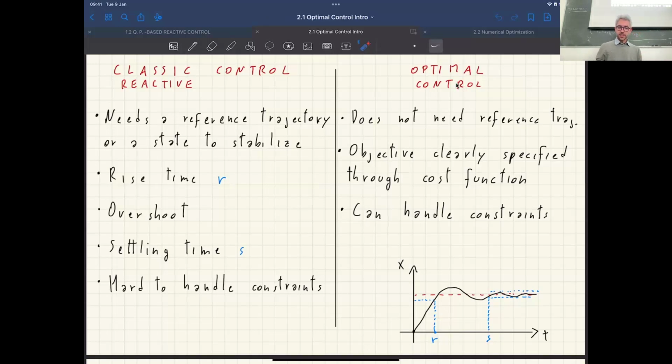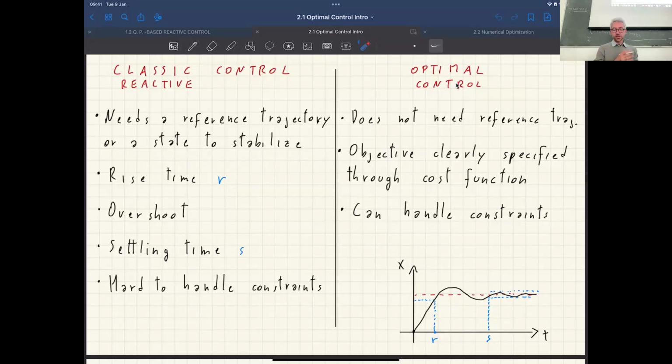So let's start by comparing optimal control with reactive control, which is what we have been discussing so far in this class. So in reactive control, we have seen that we need a reference trajectory to track, or a reference fixed state that we want to stabilize.